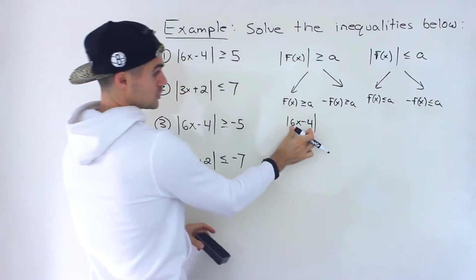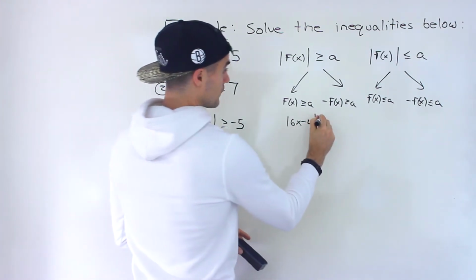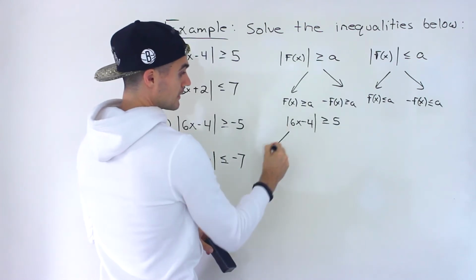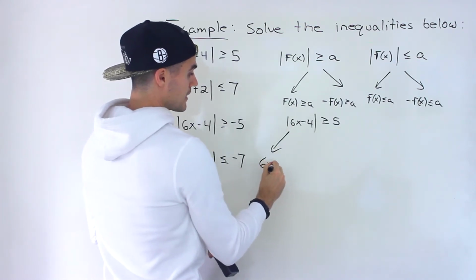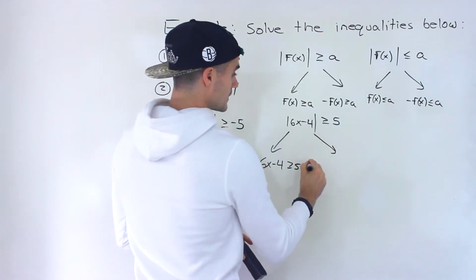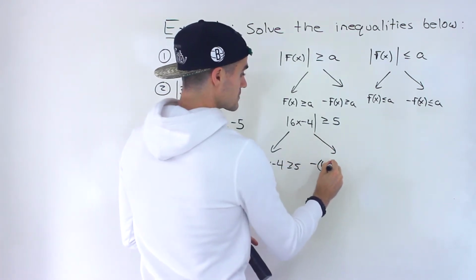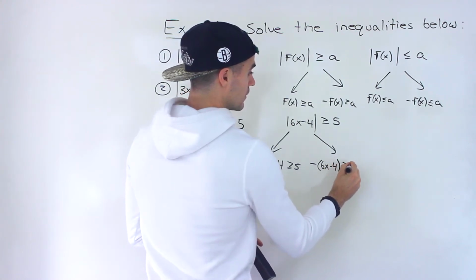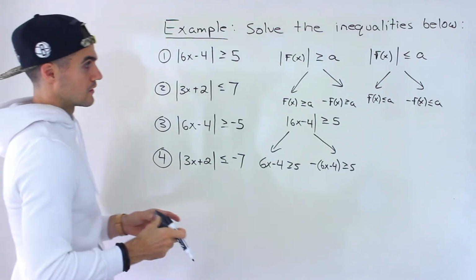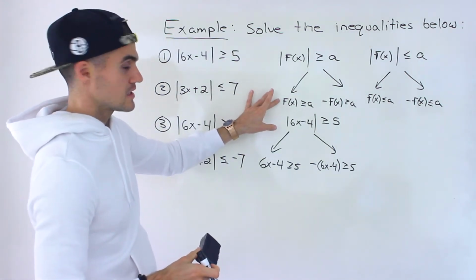So notice that that function is 6x minus 4. And we're finding out when is it greater than or equal to 5. Well, we split it up like this. We find out when is 6x minus 4 greater than or equal to 5, or when is negative (6x minus 4) greater than or equal to 5, like that. Right? So we just went from here to here.